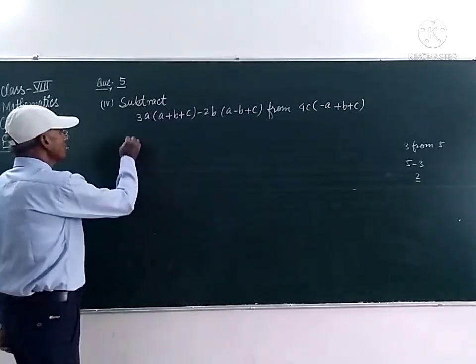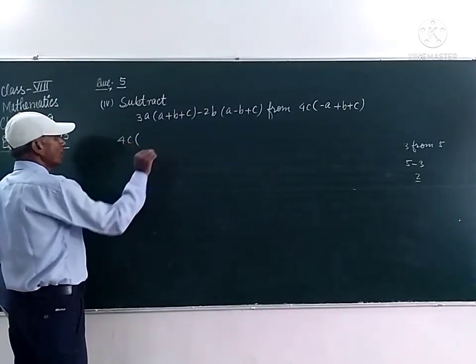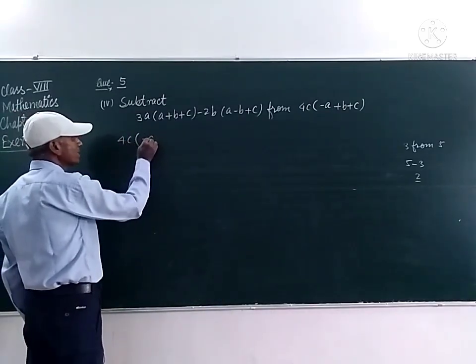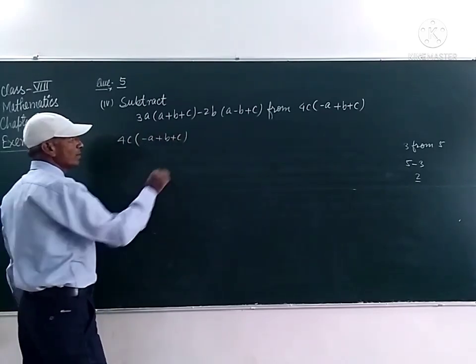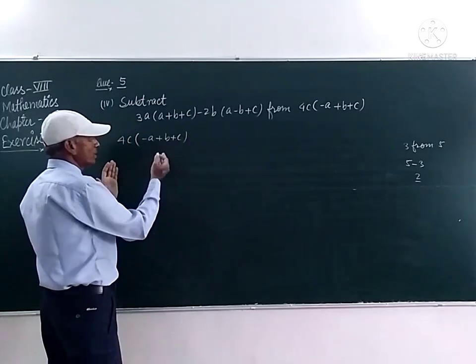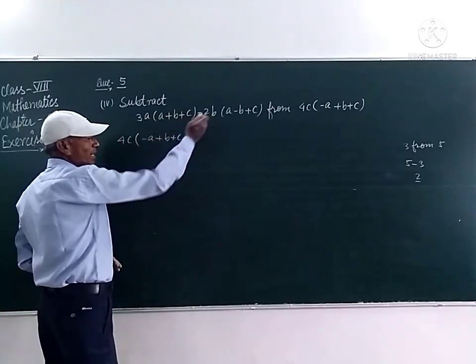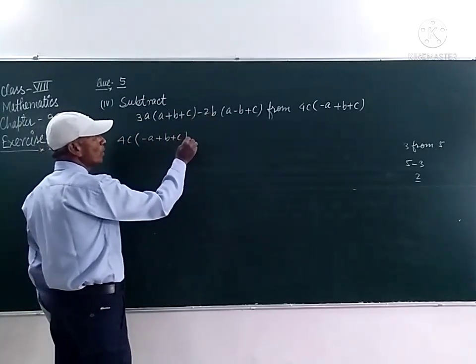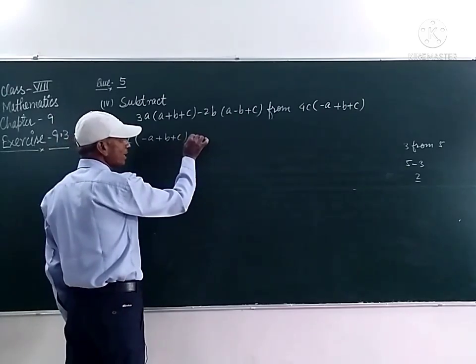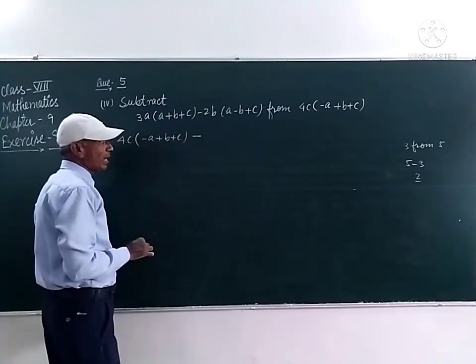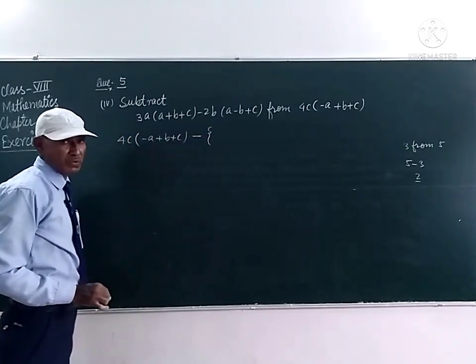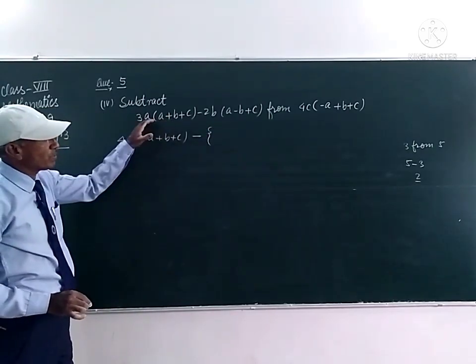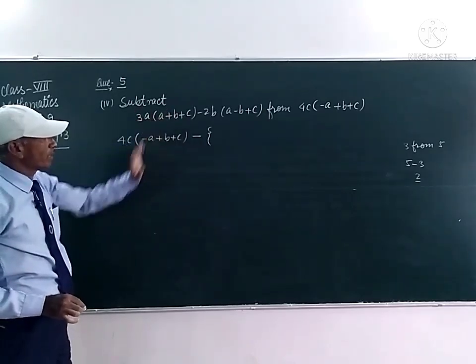This one, 4c in bracket minus a plus b plus c. From this part we have to subtract this part, student. So we have to put a negative sign here, that is subtraction, minus, and after that we have to write this curly bracket, student, because we have to solve this first part first.